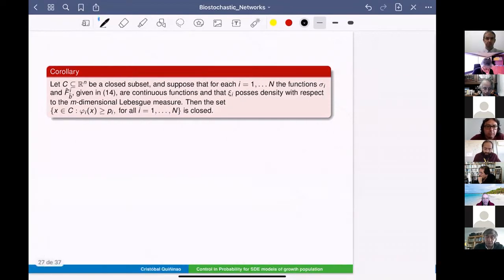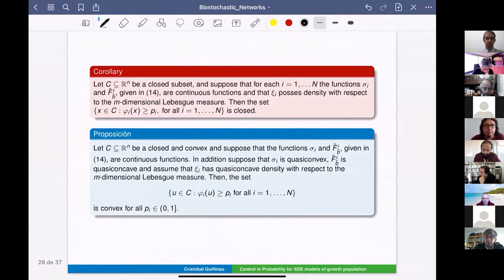Luckily, it is closed. And moreover, if you have some sort of quasi-convexity on the functions that you start with, which is true in any of the classical models for population growth, then this set is convex. And now you have two things that everyone who works with optimization will say are the golden goal: convexity and closedness of the sets.